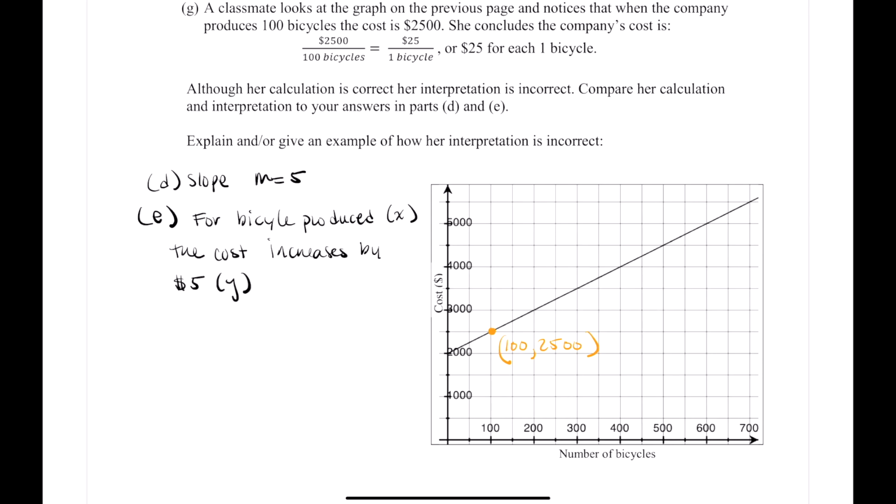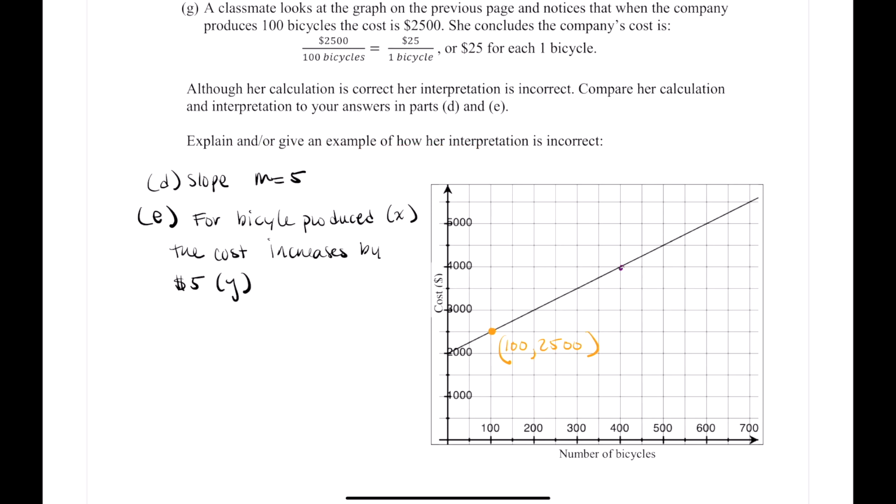And that's the y. So now, while your classmate is correct that at 100 bikes, the cost is $25 per bicycle, we can give an example of how this interpretation is incorrect.